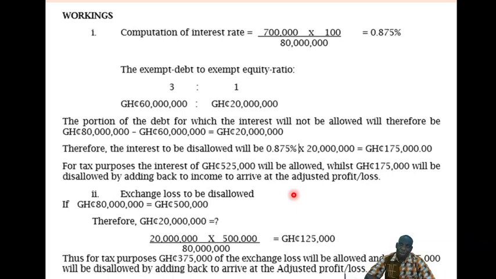Okay, so that's all. But let me say this: the thin capitalization does not apply to financial institutions, because for financial institutions, any loan that they are receiving is what they're dealing in. The lending is what they do.